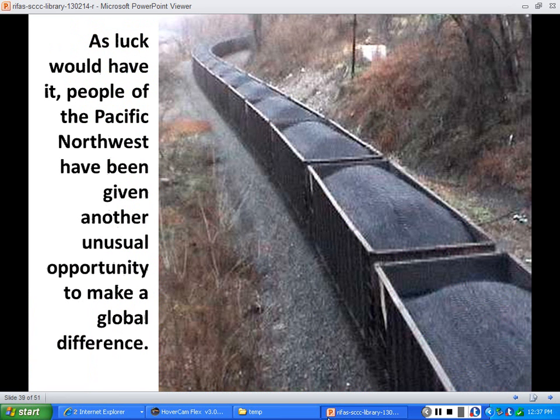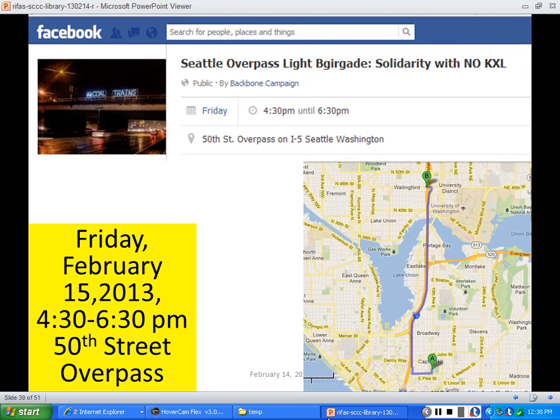As luck would have it, the people of the Pacific Northwest have been given another unusual opportunity to make a global difference, the way that we did when the World Trade Organization made their wonderful decision to come to Seattle for the ministerial meeting. And so I was surprised that when people came up and showed the ideas about global climate change, I was expecting today to see people thinking of it in relation to what this means to Seattle and to the Puget Sound and to the surrounding area, and what concretely people can be doing about it.